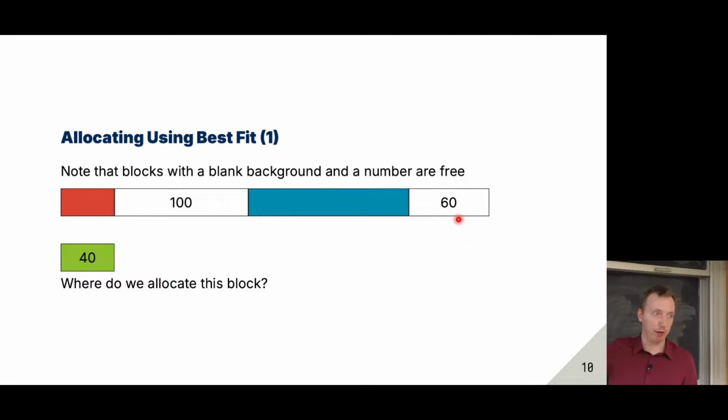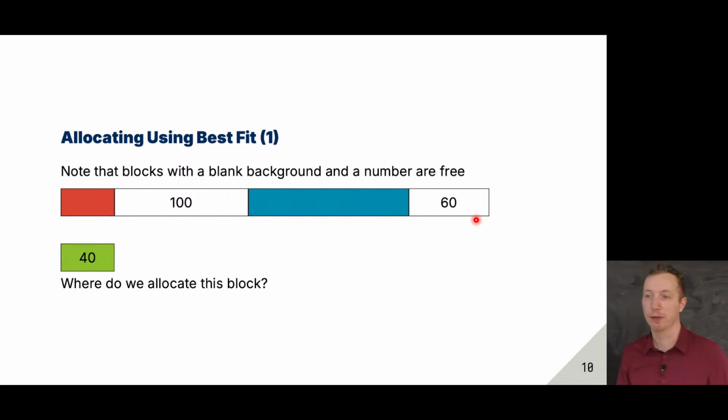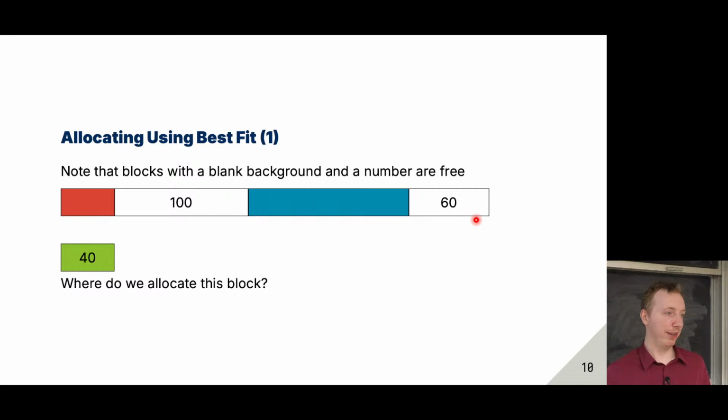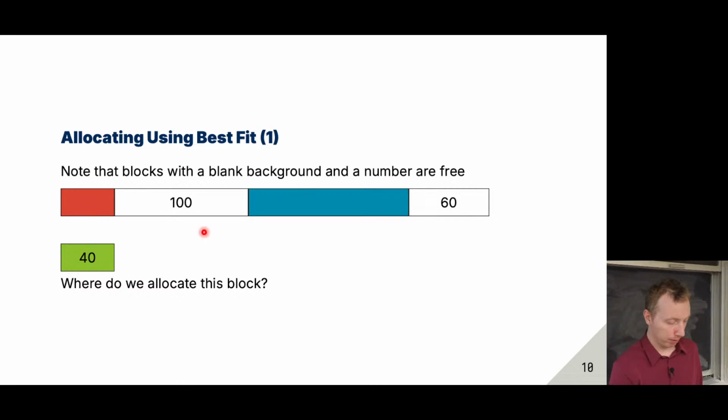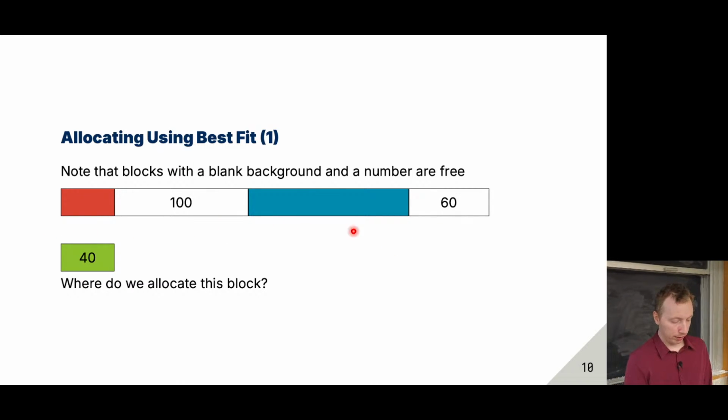And I'm using best fit. So which one do I use? We got 50-50, the 100 or the 60 if we're using best fit? 60, right? So best fit is I want the smallest one that can still satisfy the request. So between the 100 and the 60, well, it would be the 60.